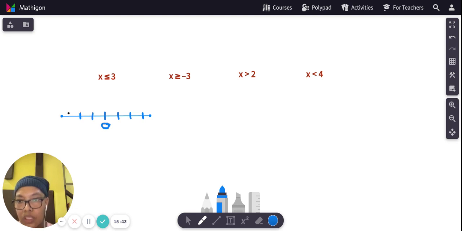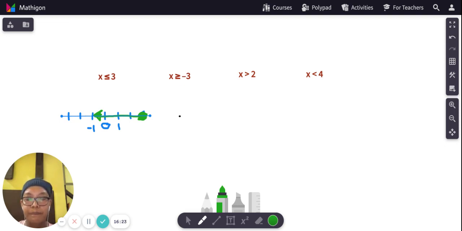So positive 3 here, and that is included now. Okay, so less than, therefore, what are the numbers lower than 3? They are included, so it goes to the left. So that is the difference, if you noticed.